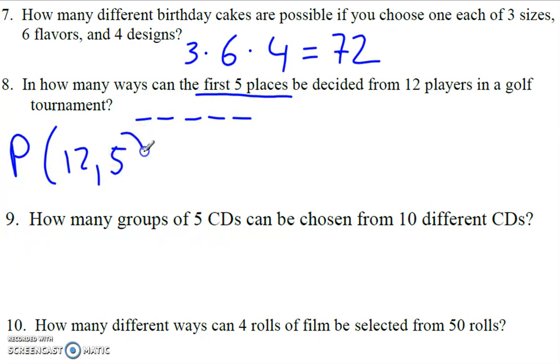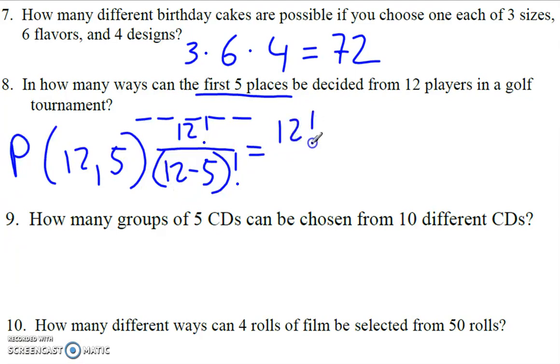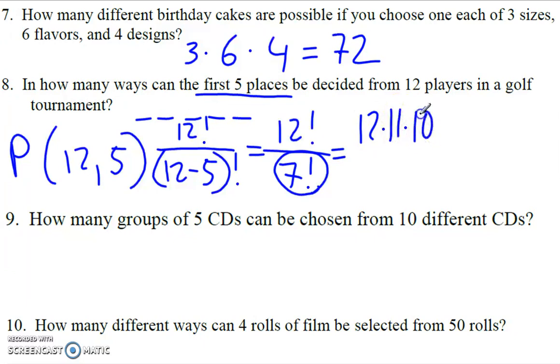12 and 5. 12 goes on top. Factorial over 12 minus 5 in parentheses factorial. Subtract that and we get 7 factorial. And remember, you can cancel out everything up to this value. So we're going to be left with 12 times 11 times 10 times 9 times 8.